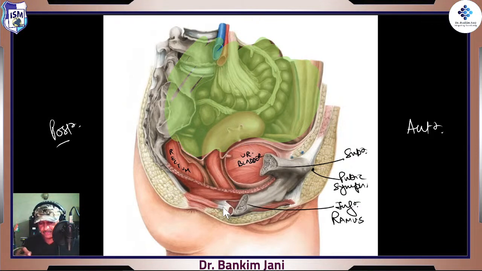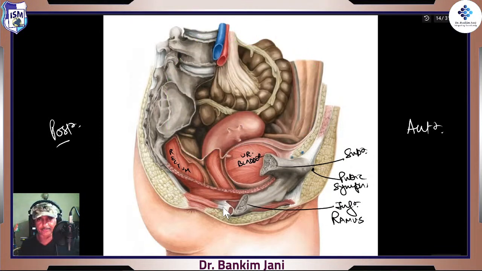In order to see this, we need to remove the peritoneum. Everything is covered in fascia. This portion above, where the uterus and other structures are, they all are in the abdomen.